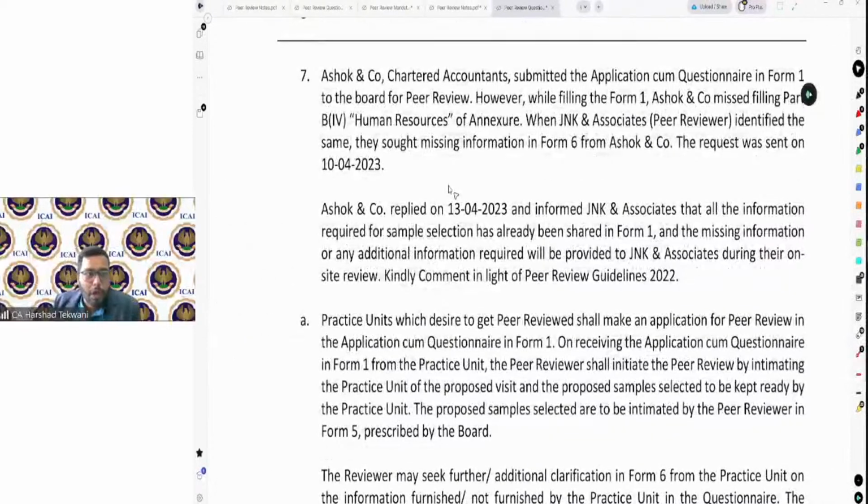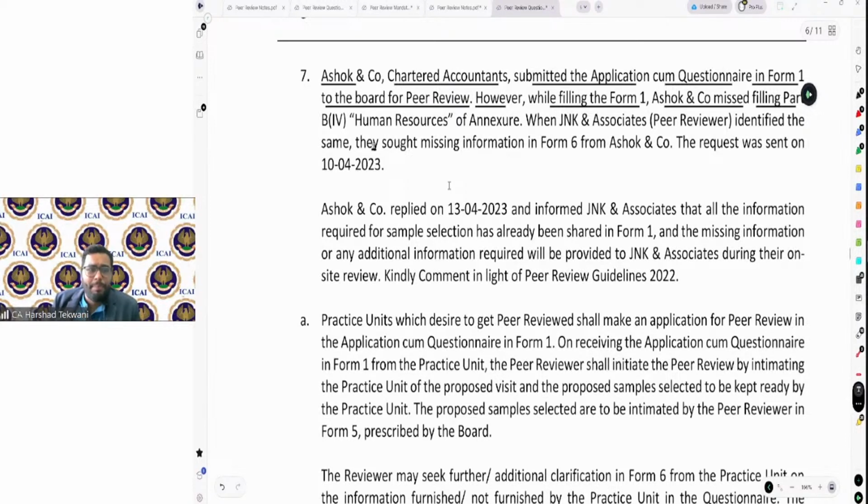Now coming to the next question. Ashok and Company Chartered Accountants submitted the application cum questionnaire in Form 1 to the board for the peer review. However, while filling the Form 1, Ashok and Company missed filling Part B4, Human Resources, of the annexure. When J&K Associates, peer reviewers, identified the same, they sought the missing information in Form 6 from Ashok and Company.